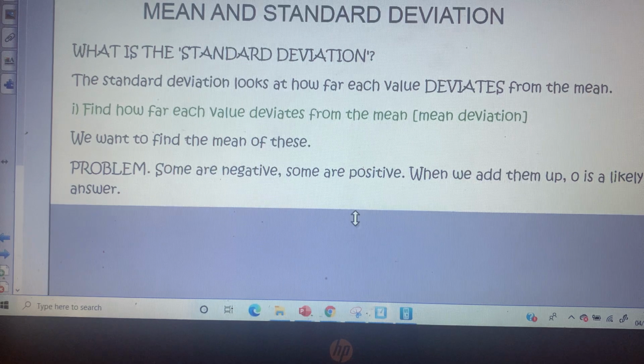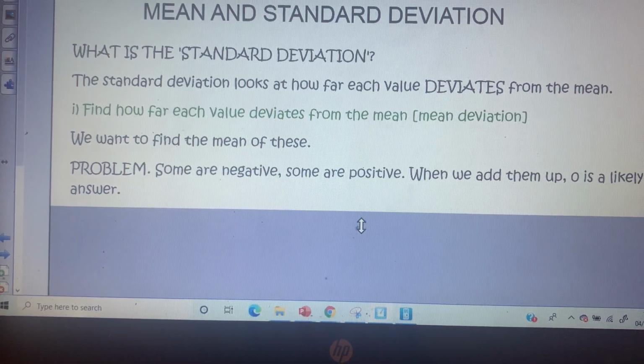Now, because some of the mean deviations are positive and some of them are negative, we run into a bit of a problem because whenever we add them up, they cancel each other out. So we're always going to end up with 0, which is rubbish because this is going to be a measure of spread.